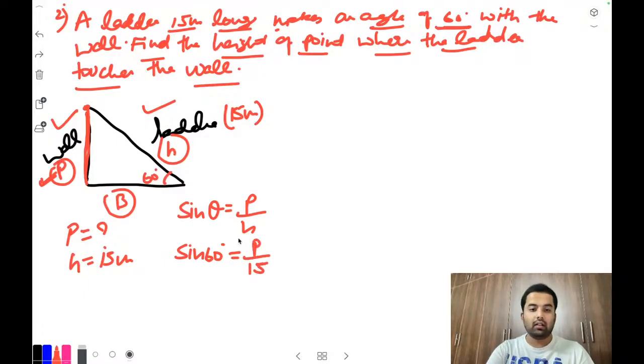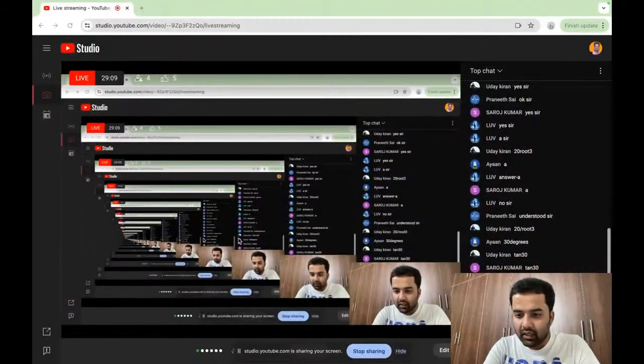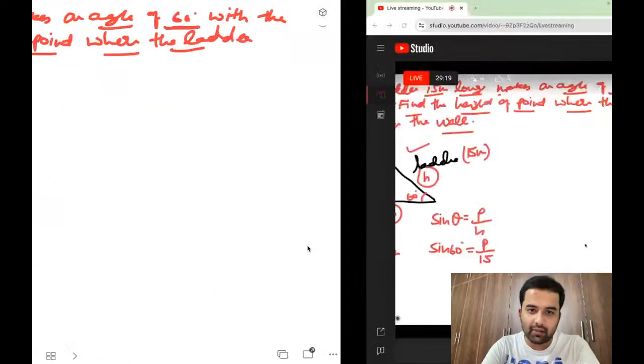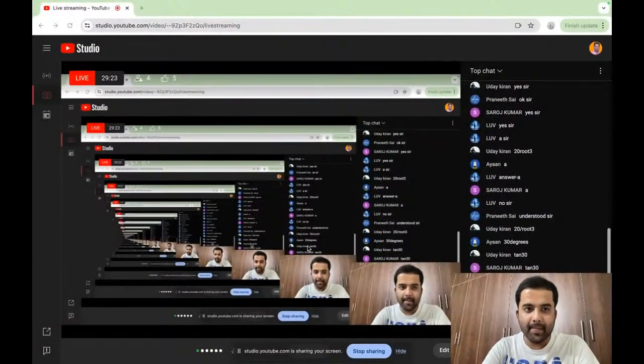Now, let me check. 15 root 3 by 2. Okay, sine 60 is what? Sine 60 value, what did you keep as the sine 60 value? Anyone?